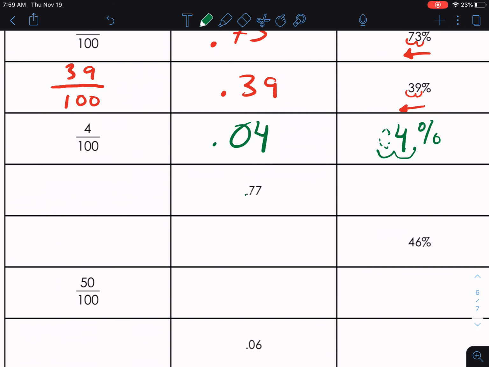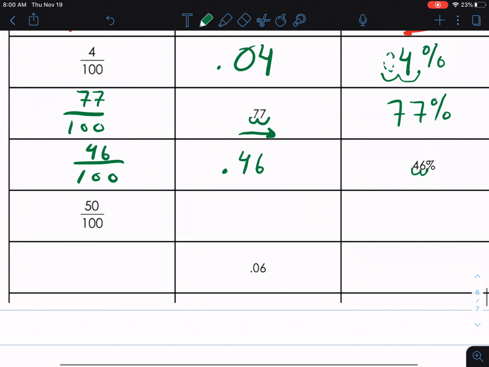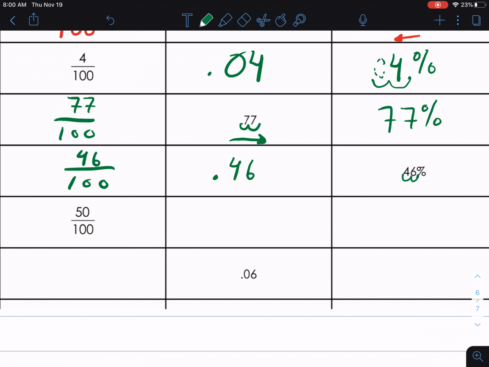Here, decimal to percent. 1, 2 to the right. 77%. Ya tengo el total, siempre es de 100. 77 over 100. Aquí ya tengo mi porcentaje. 100 is at the bottom and 46 at the top. 2 times to the left. 1, 2. .46. Dos veces a la izquierda. 50 over 100. My percent is 50. Mi porcentaje es 50. 2 times to the left.